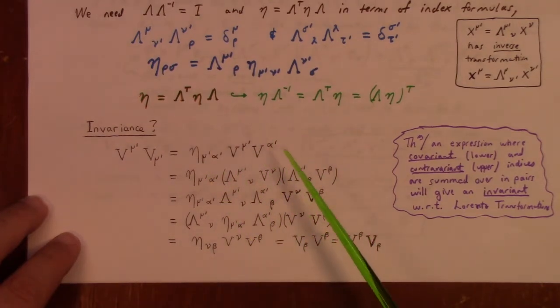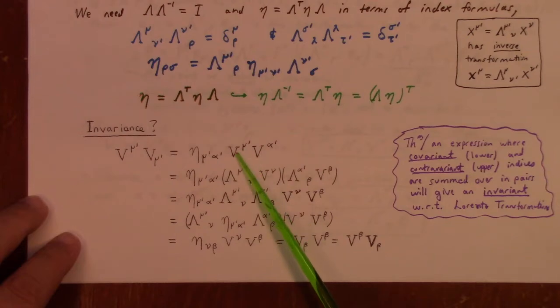And then I put in the coordinate change rule, the contravariant coordinate change rule for both of the v's right here. Then I pull my lambdas out, I look at it, tilt my head and squint, and realize, wait a minute, this, by definition of lambda, is exactly eta nu beta. And so lo and behold, I can lower the index here.